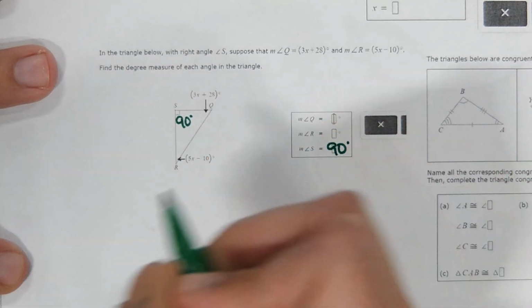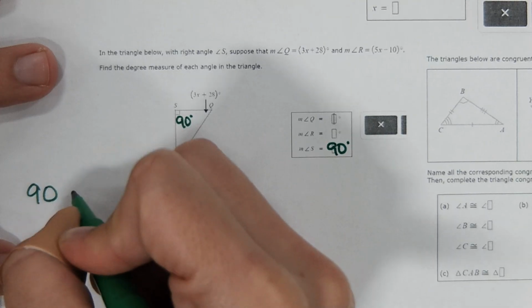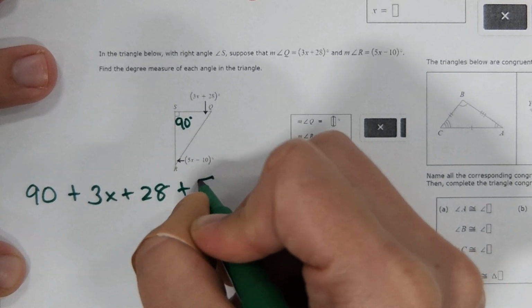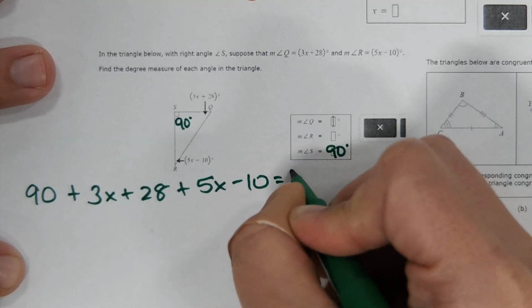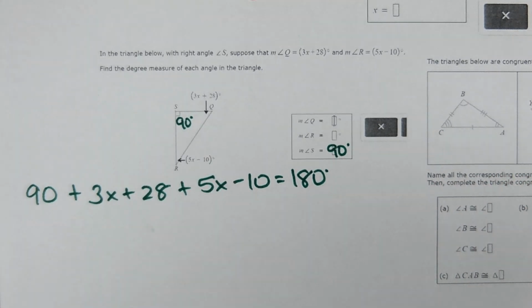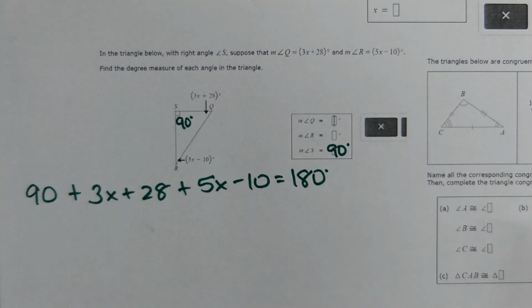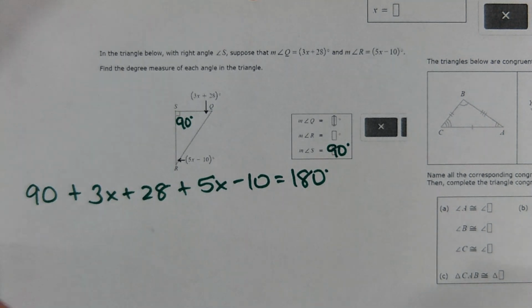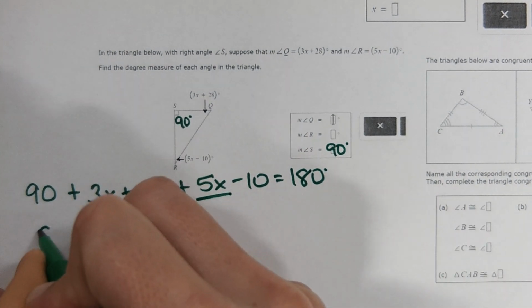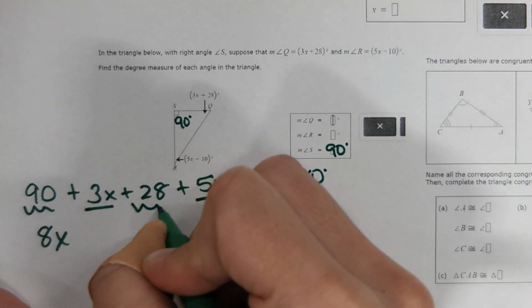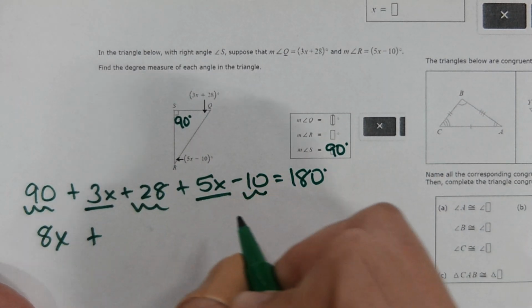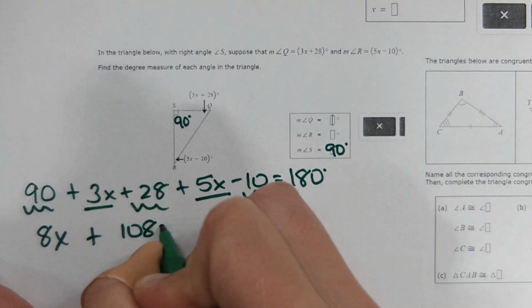So these three add to 180, so we can set it up like an equation. 90 plus 3x plus 28 plus 5x minus 10 equals 180 degrees. Then to solve for x, I'm going to combine my like terms. 90 plus 28, 118, minus 10, 108.